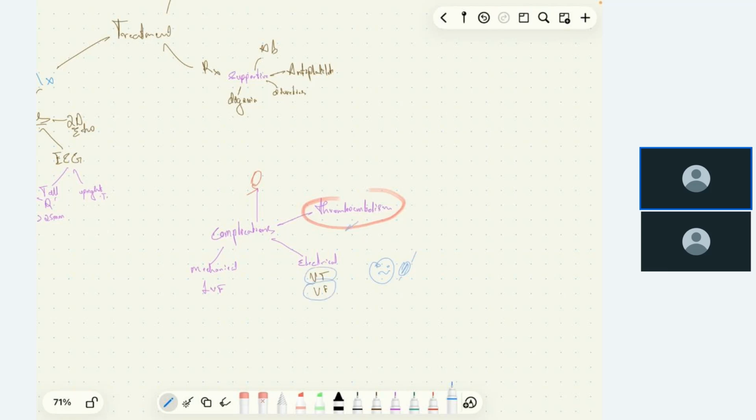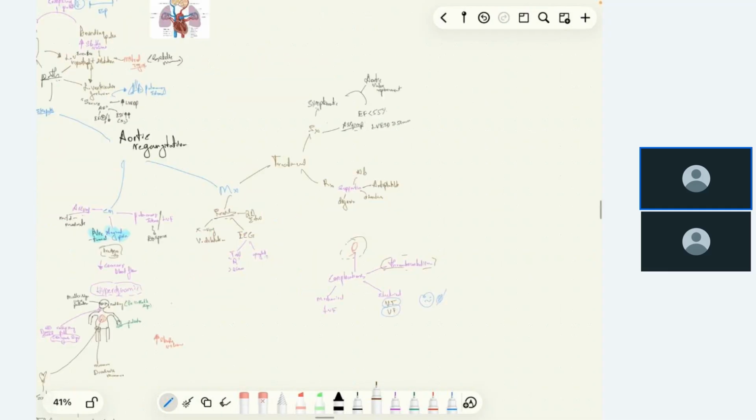And also, following left ventricular failure, we may have thromboembolism. The defective valve is more prone to develop infection and thrombi. We may have infective endocarditis secondary to the aortic regurgitation valve defect.